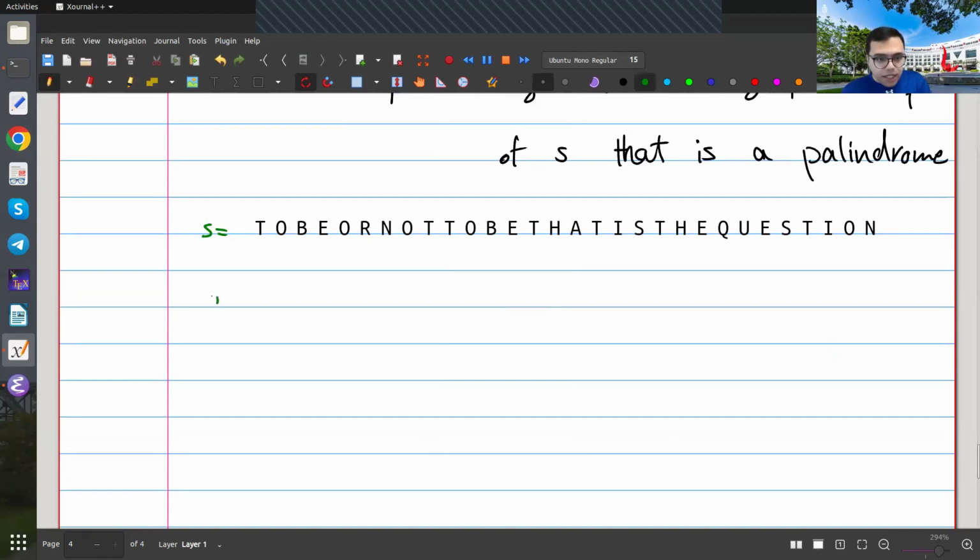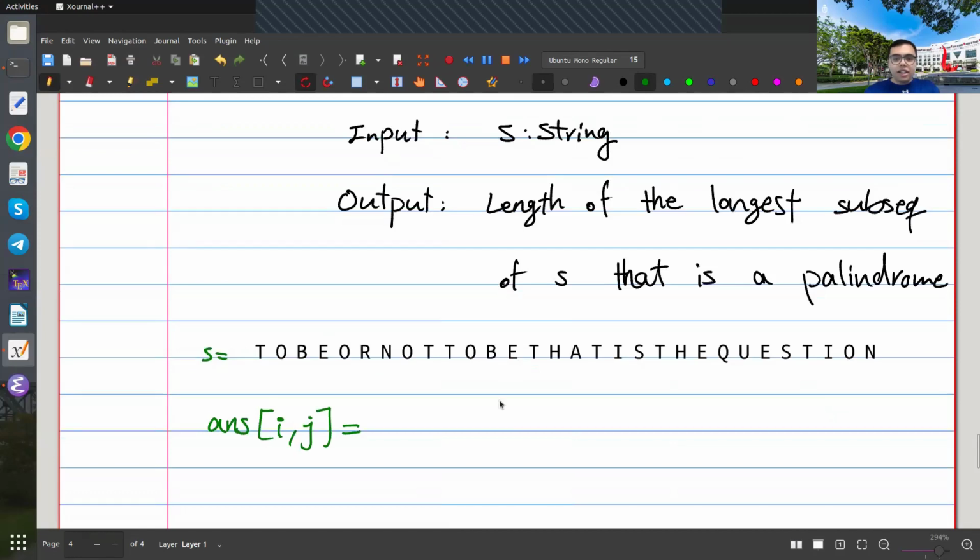I'm going to say, let's say the answer, again, I'm going to have two indices I and J, is going to be the longest palindromic subsequence if I only have the characters from index I to index J. So instead of just chopping off something from the end of my string, I'm chopping off something from the beginning and something from the end.